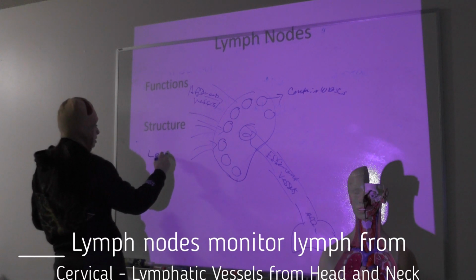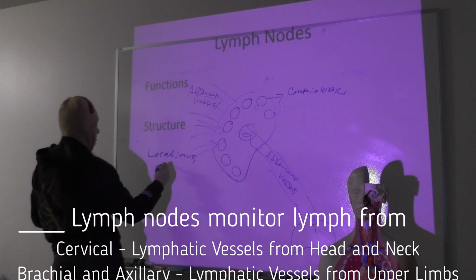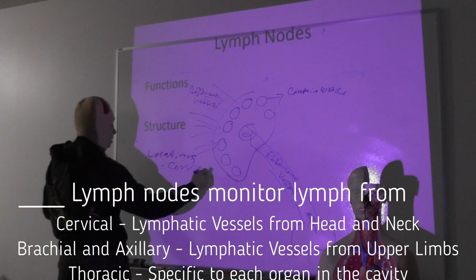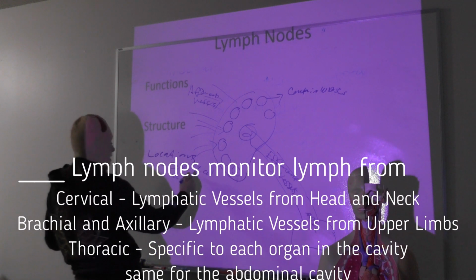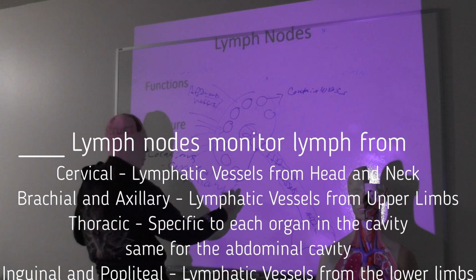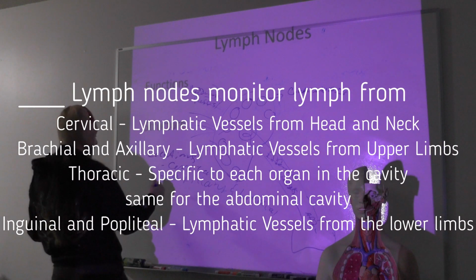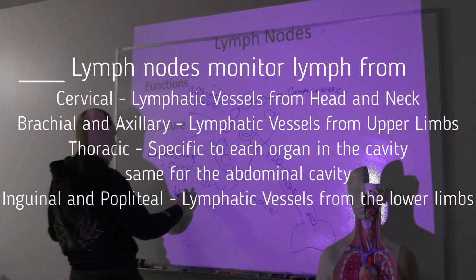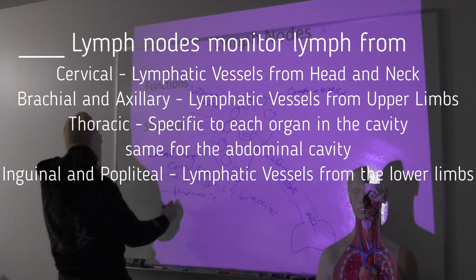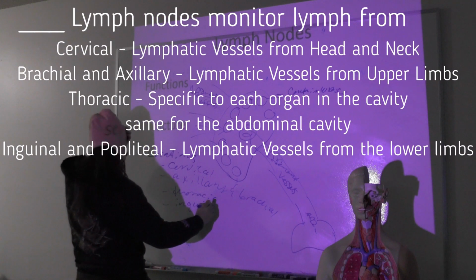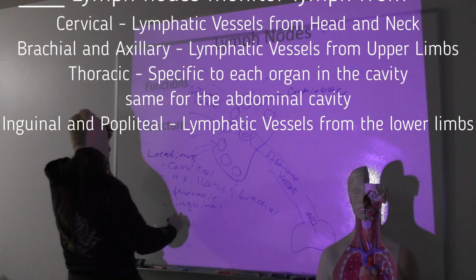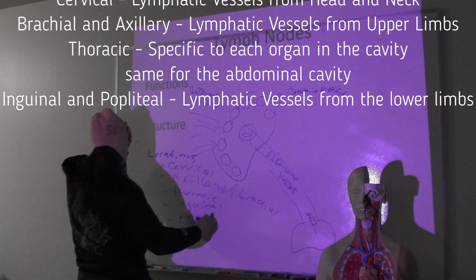So for locations, we'll say everybody's got cervical lymph nodes, everybody's got axillary and brachial lymph nodes, everybody's got various lymph nodes throughout the thoracic cavity, we've got inguinal lymph nodes, and we've got popliteal lymph nodes.